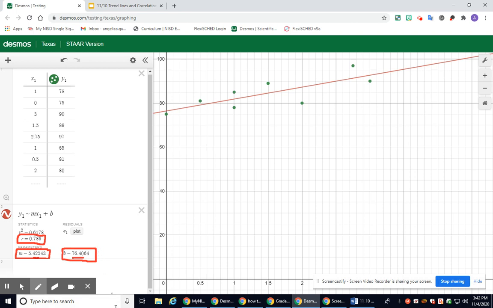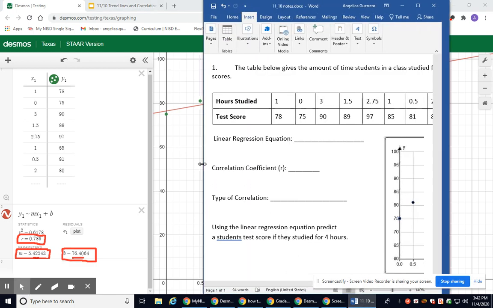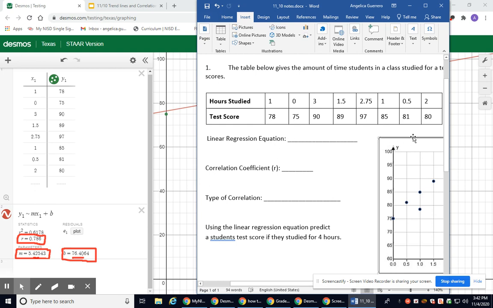So if I go back to my notes, I'm going to enter this information here. My linear regression is going to be y equals, M is 5.42, or let's round it to 5.43, x plus b, which is 76.41.